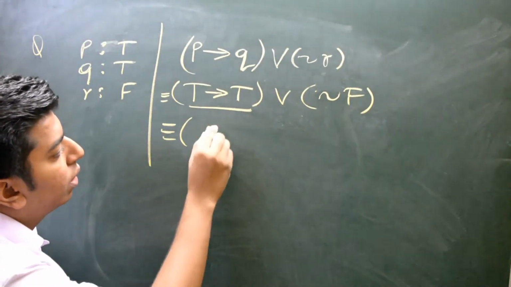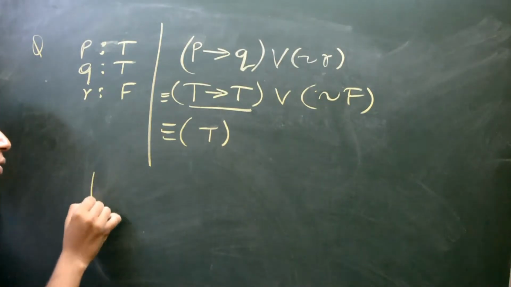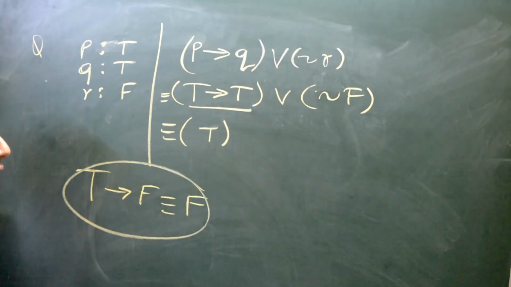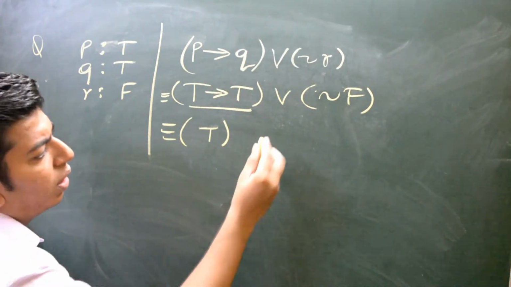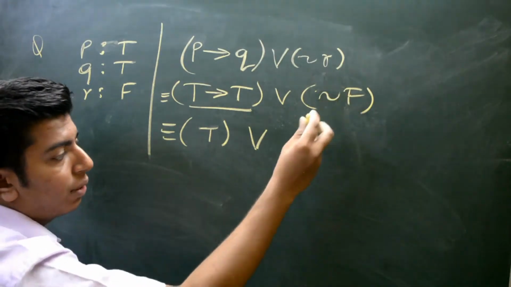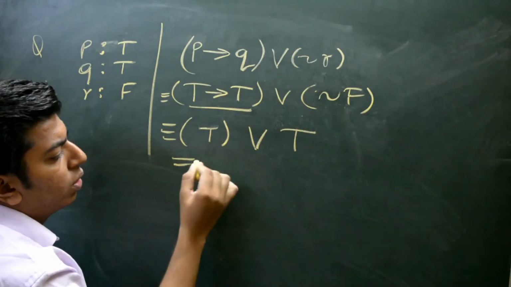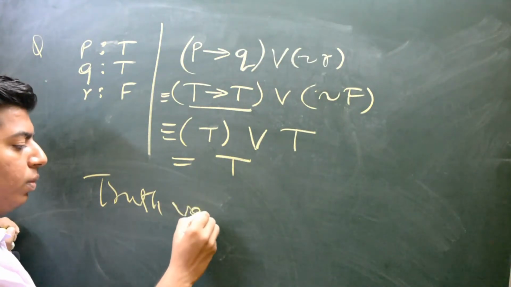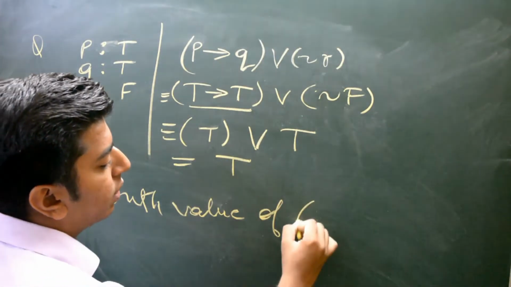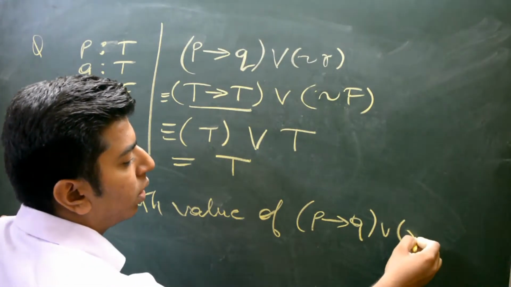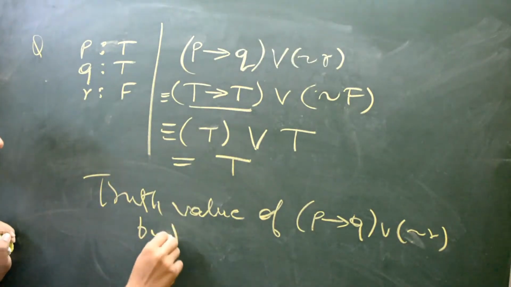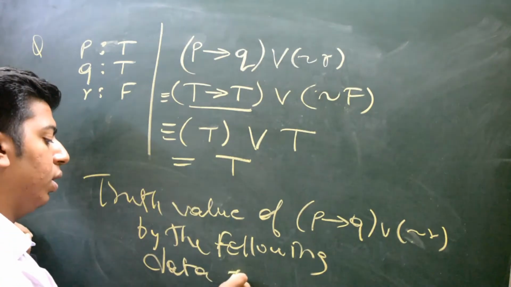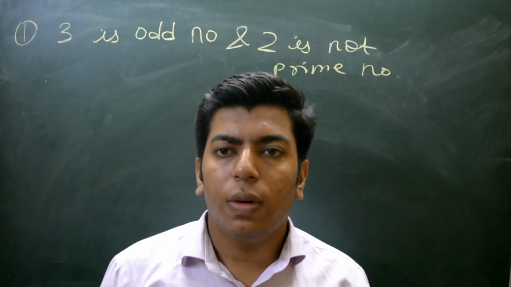It will be T. In implication, only T implies F is equivalent to F, others are T. So T implies T will be T. Disjunction with negation of F, which is T. So T disjunction with T will be T. So the truth value of the statement by the following data is true.